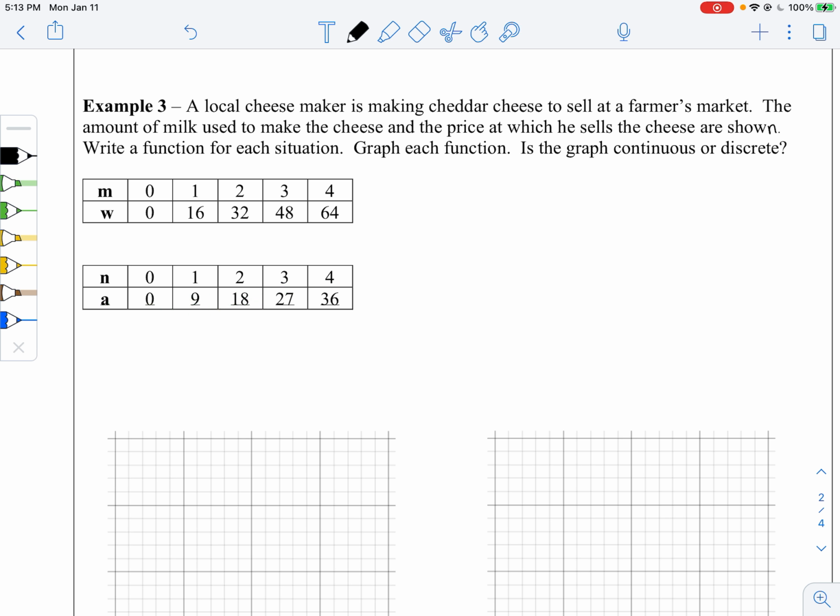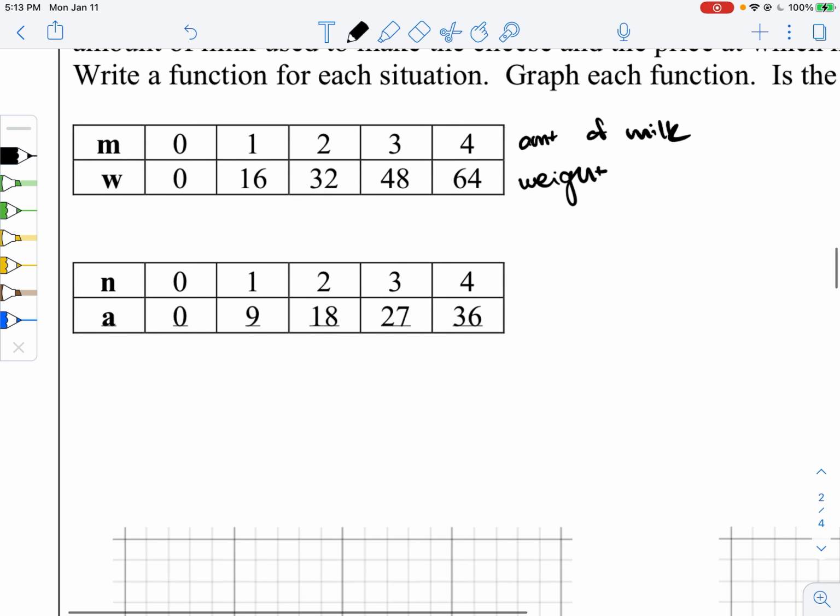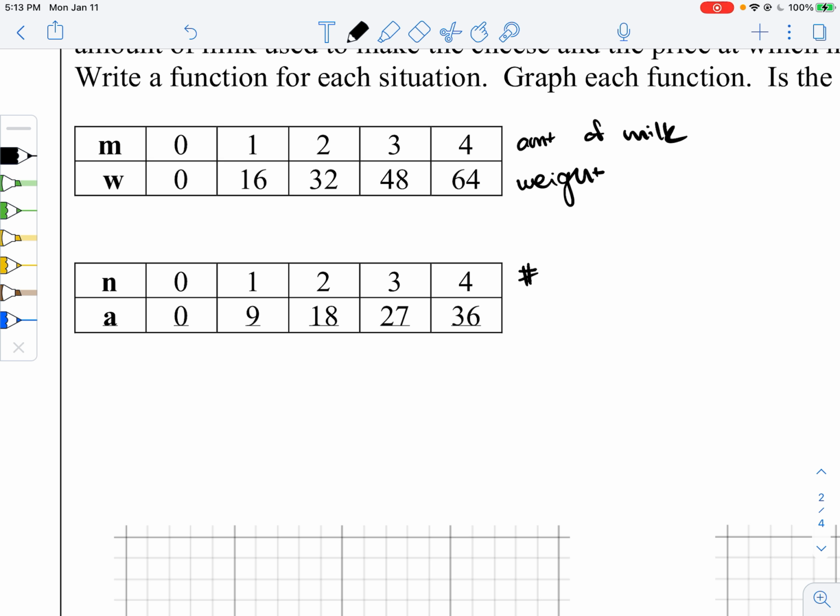Okay, so here we've got the weight of cheese made versus the amount of milk. Maybe it's cups or gallons. I don't know. Needed to make the cheese. Now on this lower table, we've got the number of cheeses sold and the price, the dollar amount of the sale.